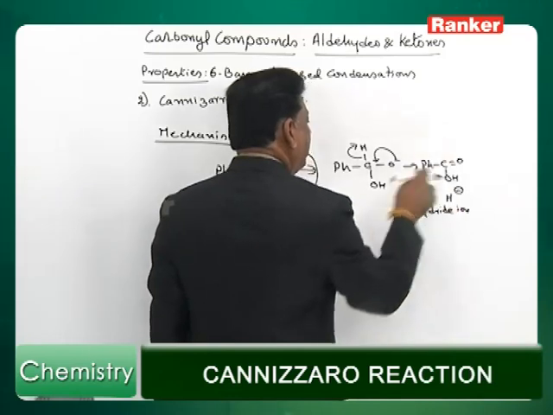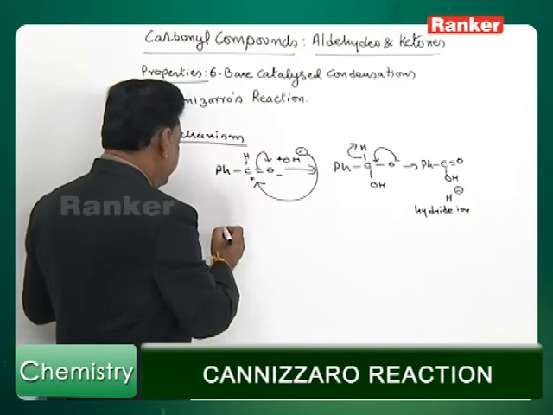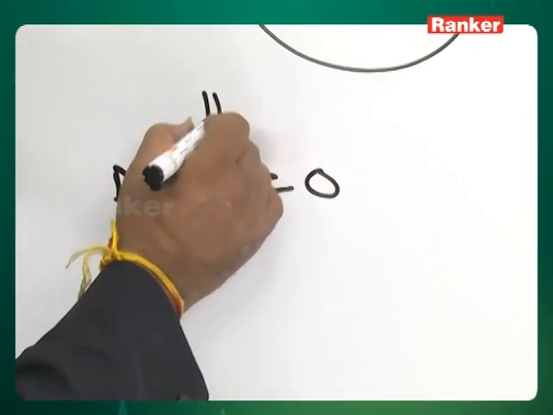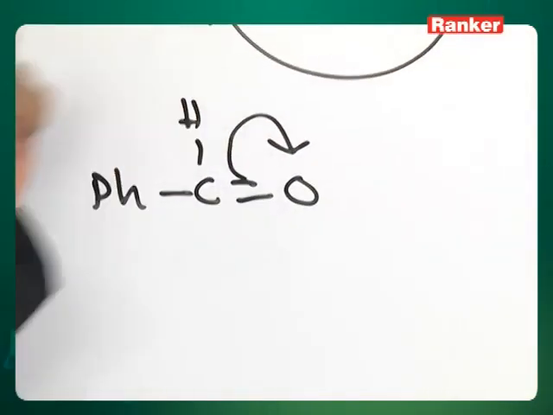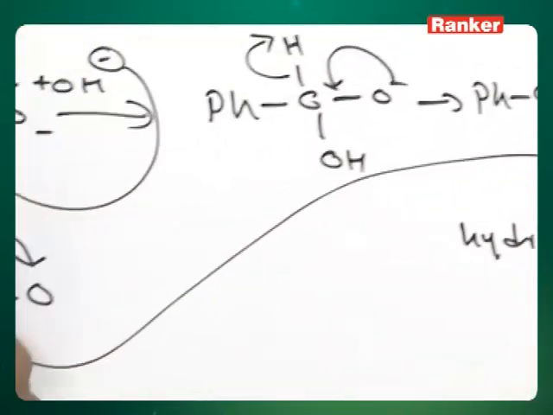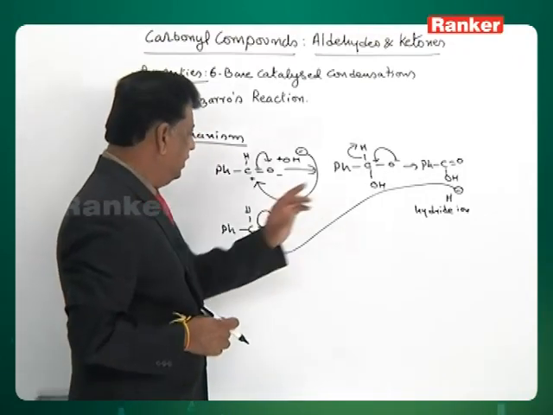So, the hydride ion and benzoic acid are formed. The moment the H minus ion is formed, take another benzaldehyde and show that the hydride ion attacks this one, just like OH minus attacked the carbocation. Now, this H minus attacks this carbocation.